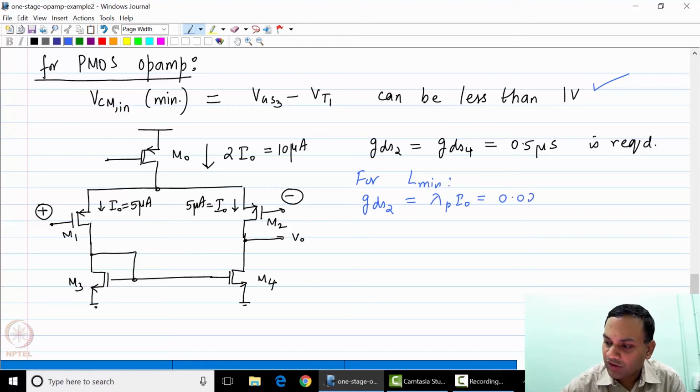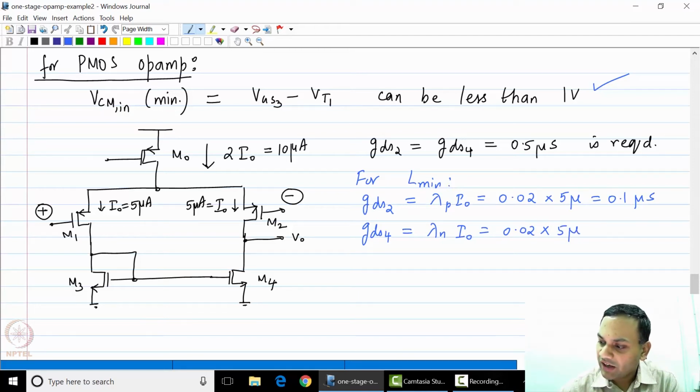This is 0.02 times 5 microamps, or 0.1 microsiemens. Similarly, GDS4 is lambda n I naught, which is again 0.02 into 5 microamp, which is 0.1 microsiemens. It is clear that in this case, L min already gives you a larger value of RDS2 and a smaller value of GDS2 and GDS4 than is required.